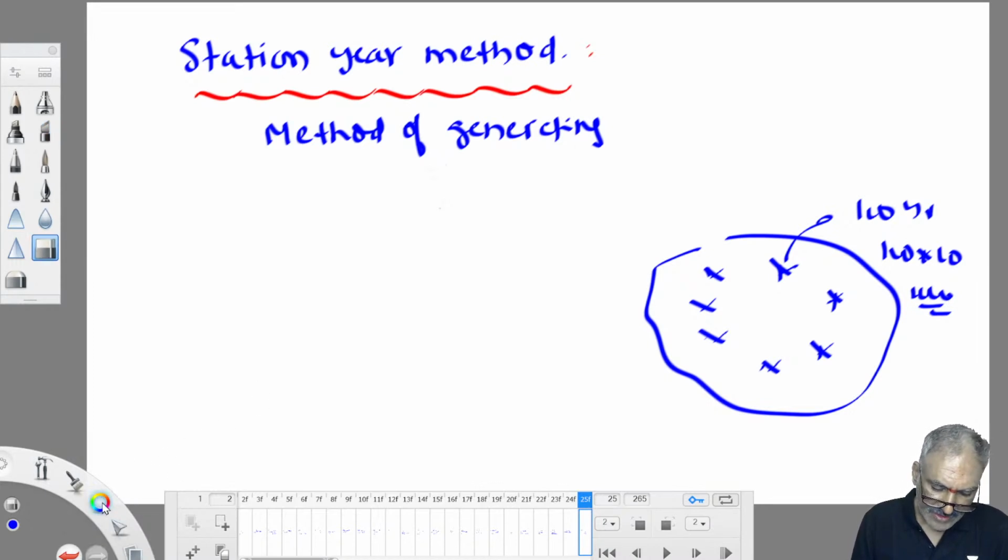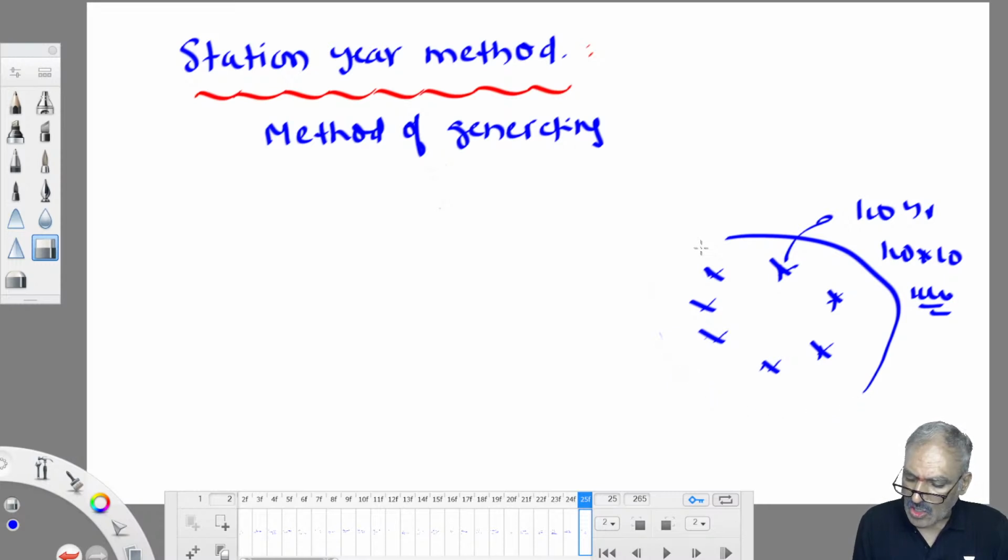So the method of generating a long length of record at an imaginary station by combining all of the records available at all places is called the stationary method. This technique is used to find out floods and rains having very high return periods.